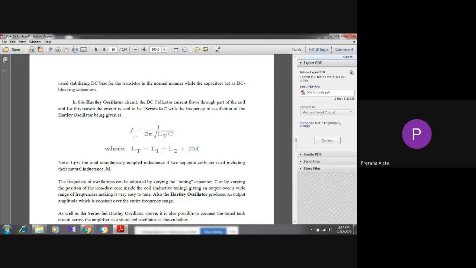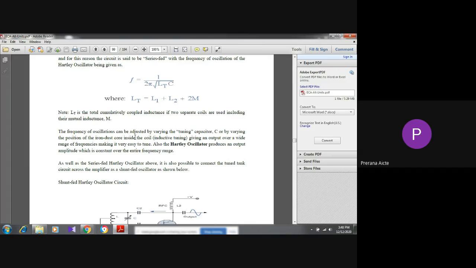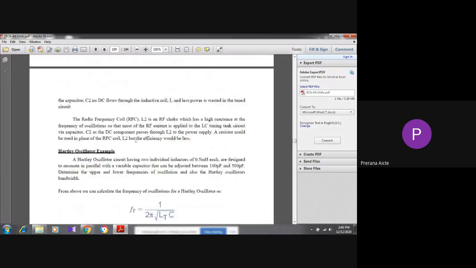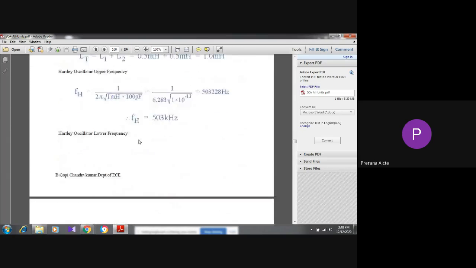Resonant frequency f is equal to 1 by 2 pi root of LT C, where LT is equal to L1 plus L2 plus 2M, where M is the mutual inductance between the coils. Okay, this is a Hartley oscillator example problem.